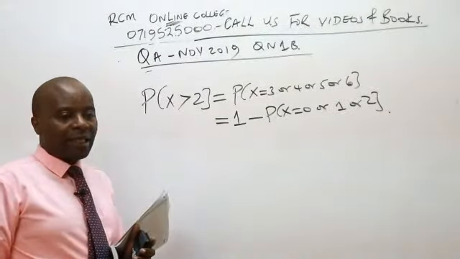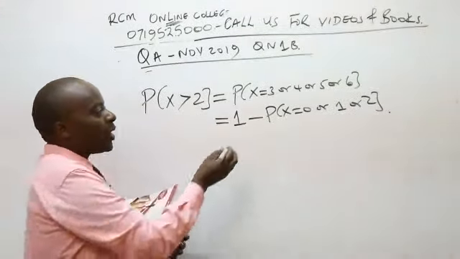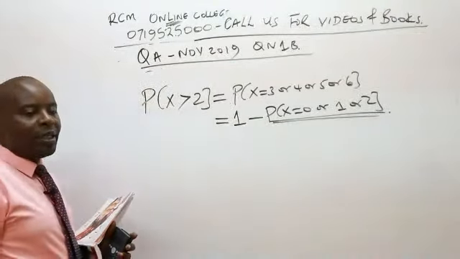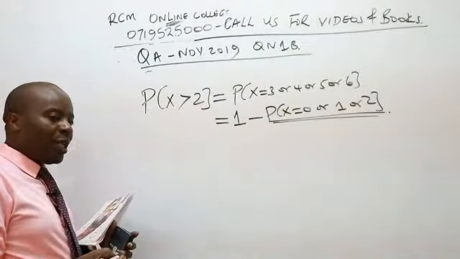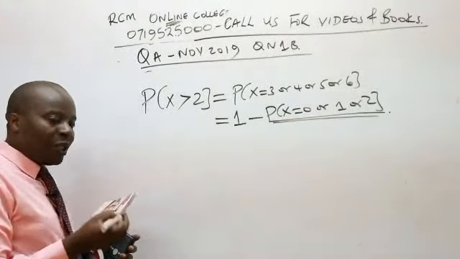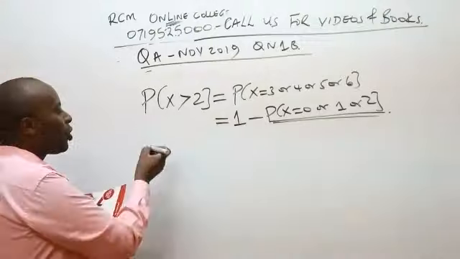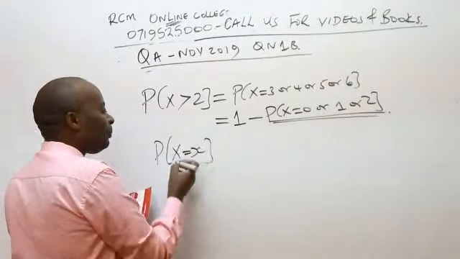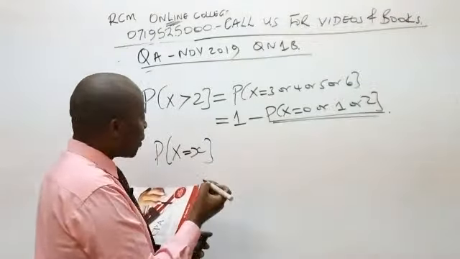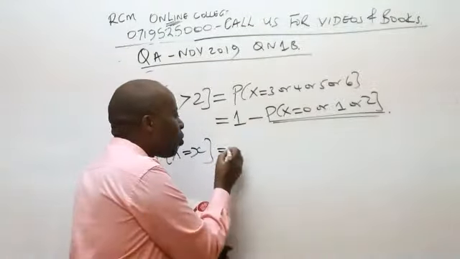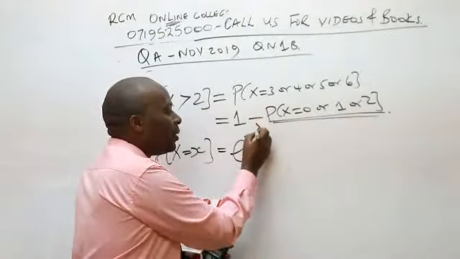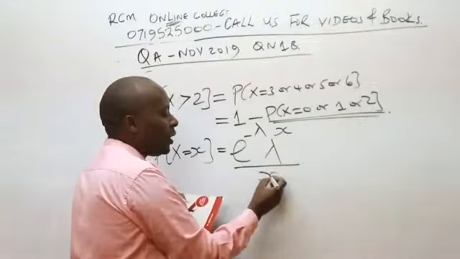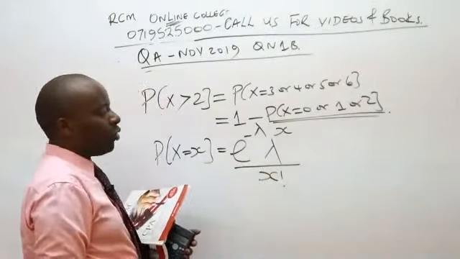Great. So this time around, they want us to evaluate these using a Poisson distribution. If it is Poisson distribution, I know how this distribution looks like. Probability of capital X being equal to small x will be equal to e raised to negative lambda, lambda raised to x, all over x factorial.